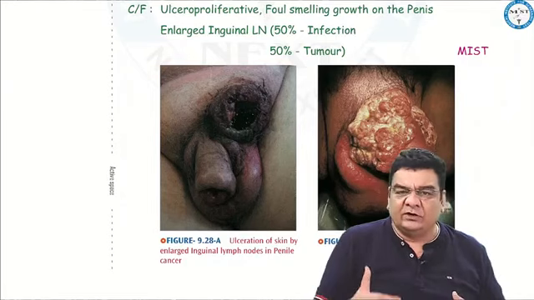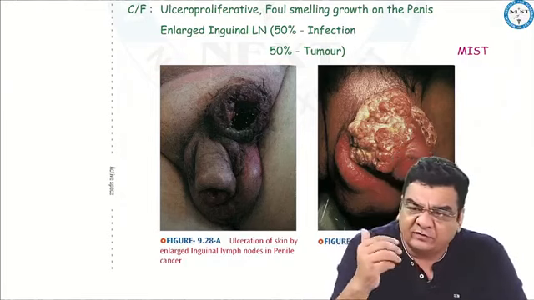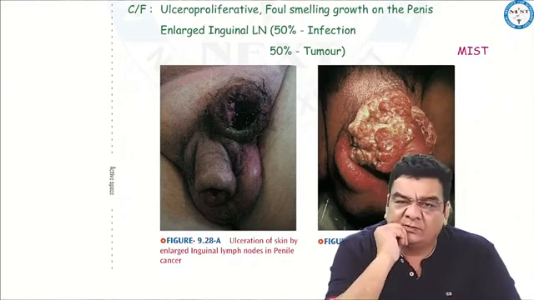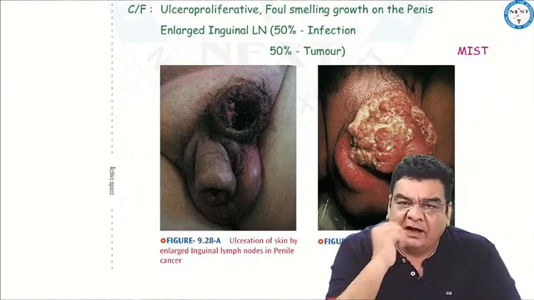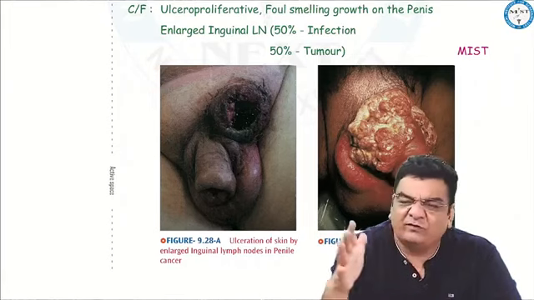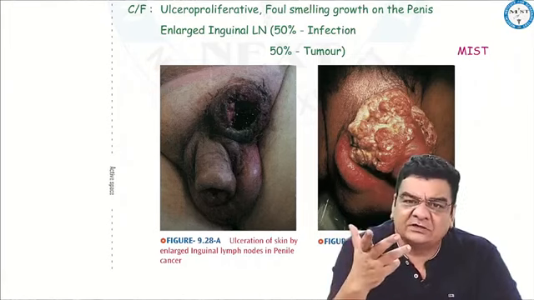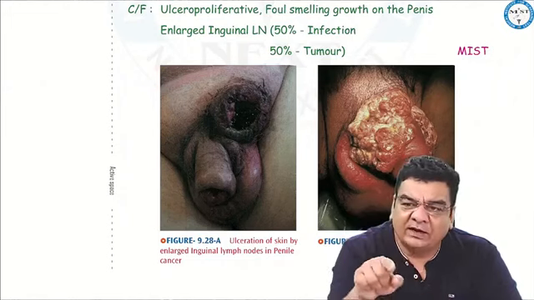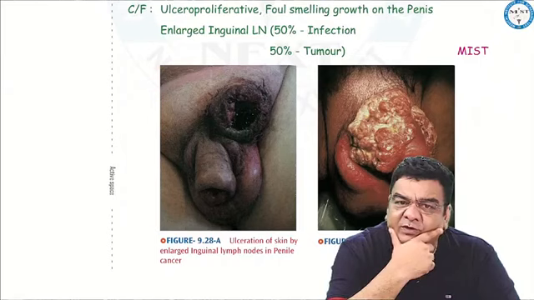Many times, when you will be working in the government hospitals, suppose there is a queue of 200 patients outside your OPD, and if one penile cancer patient comes, it is so foul smelling that within 5 minutes, 199 people are gone. Only one penile cancer patient is standing in front of your OPD.